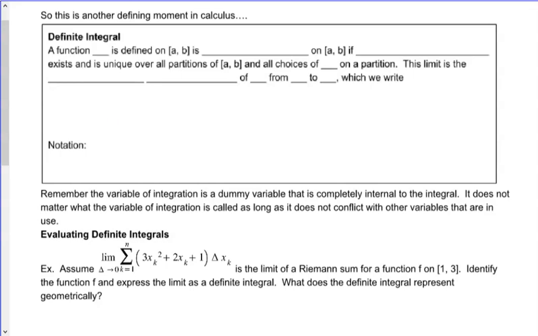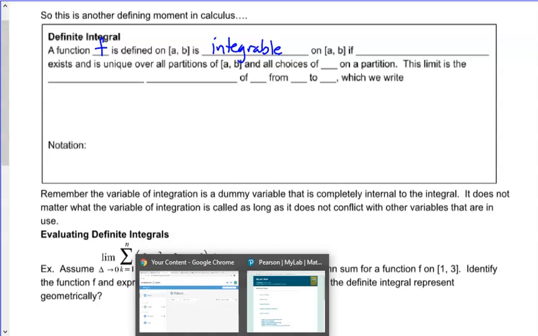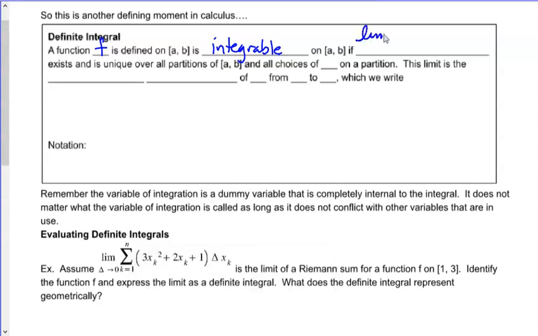All right, so we're going to say that a function f defined on [a, b] is integrable. It's a funky little term that says you're able to integrate it on [a, b] if the limit as the partition goes to 0 of the sum of k equaling 1 to n of f of x sub k times delta x sub k exists.